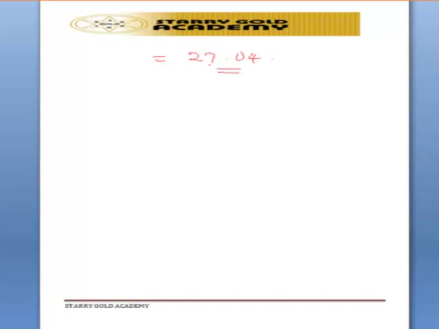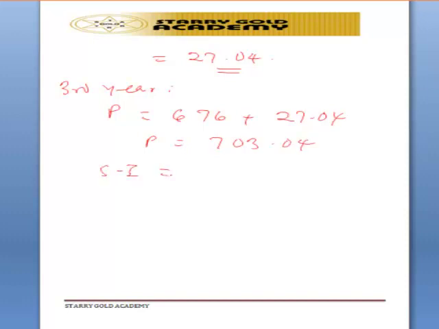That's simple interest for year 2. So third year, my principal, don't forget, my P will give me what? 676 plus 27.04. So P is equal to what? 703.04.